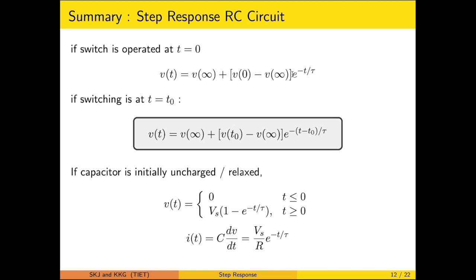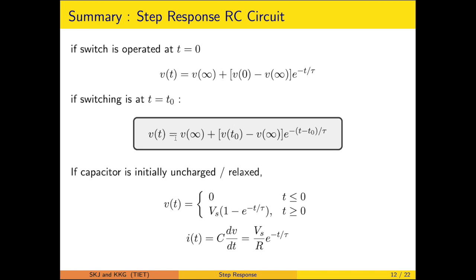Previously we considered the switching operation at time t is equal to 0. Instead, if the switching is effected at time t is equal to t0, the equations change because of the change in the initial conditions. Now the initial condition will be V of t0 is equal to V0.